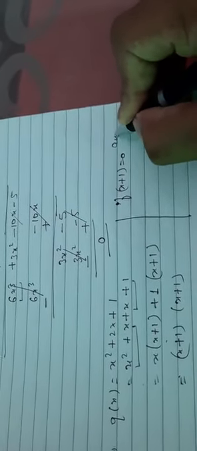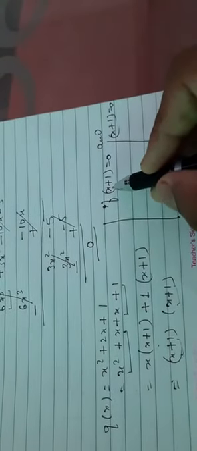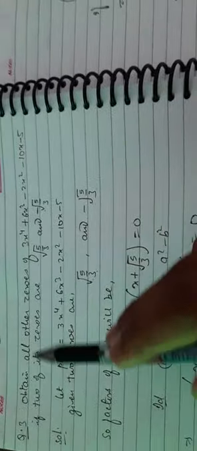So x plus 1 equals 0 and x plus 1 equals 0, because we set both factors equal to 0 to find zeros. He is asking for the zeros of the polynomial, meaning obtain all other zeros.